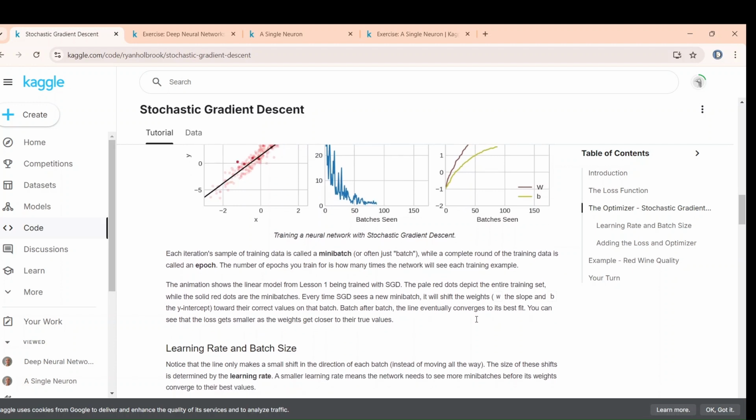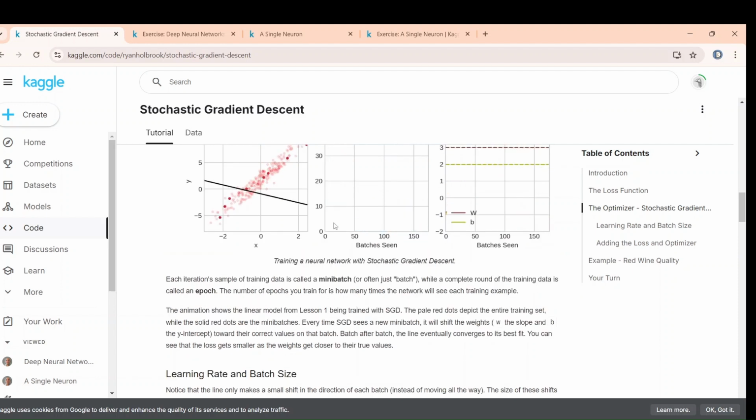Okay. Now the animation shows the linear model from lesson 1 being trained with SGD. The pale red dots depict the entire data set. See this one, which are pale, these are the entire data set. While the solid red dots are mini batches.